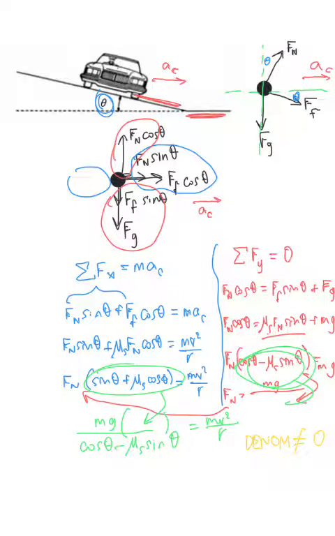So first thing is the denominator can't be 0, but the second thing is, when you're solving for this v squared back in part B, or the v, because v is squared, you would have to take the square root of this entire expression.